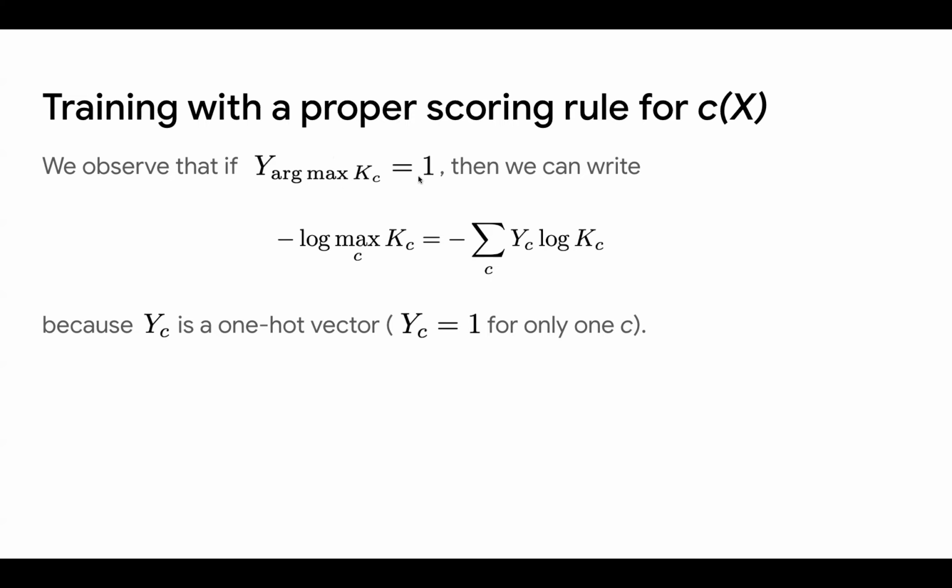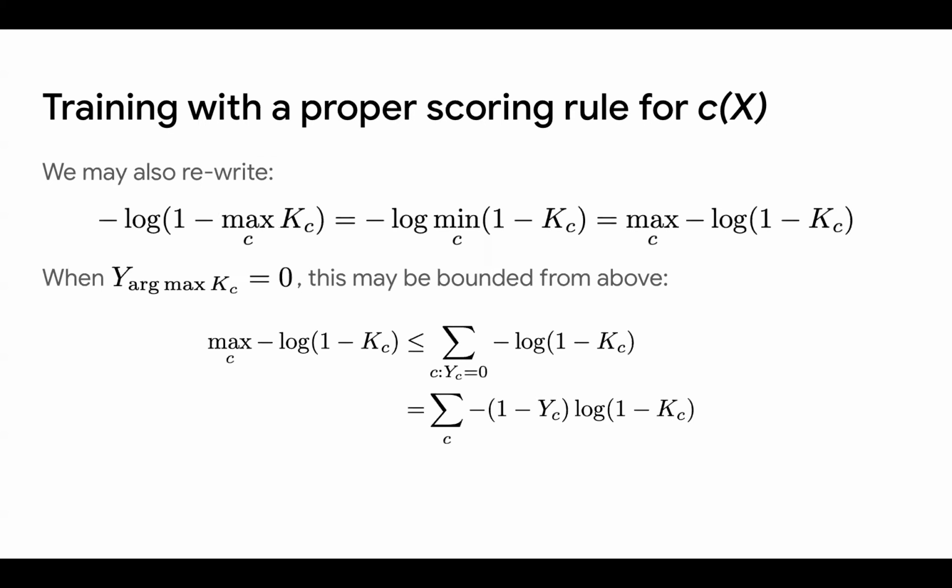And we said that YC is 1 only at the argmax, right? And that's exactly the value of max K C. I hope it's clear. And so we can write this down as this summation, right? So the first term is written in some form that looks more like BCE.